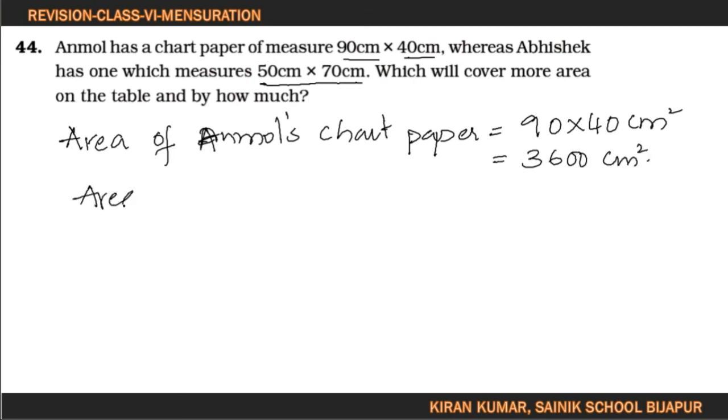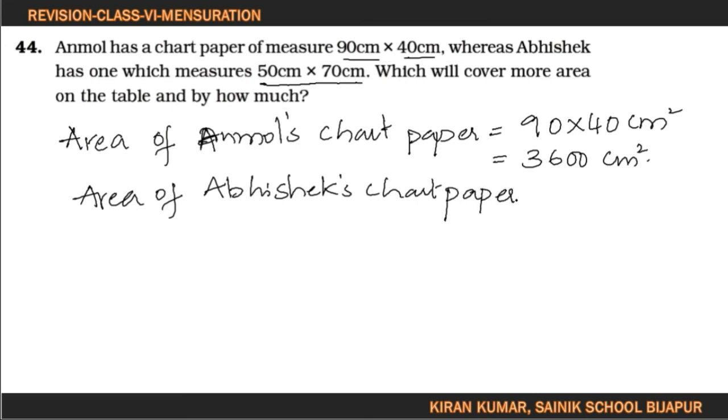At the same time, Abhishek has a chart. So area of Abhishek's chart paper will be equal to 50 by 70, which is 3500 centimeter square.